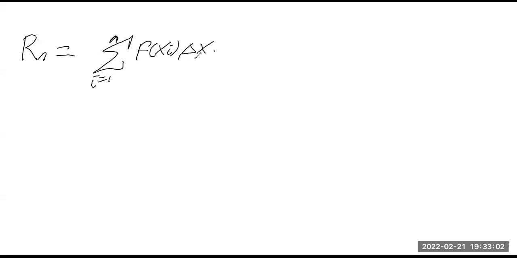Now, the Rn that I mentioned earlier, it's defined as the following. It's the sum, f of xi times delta x. Geometrically, we have a width times length.